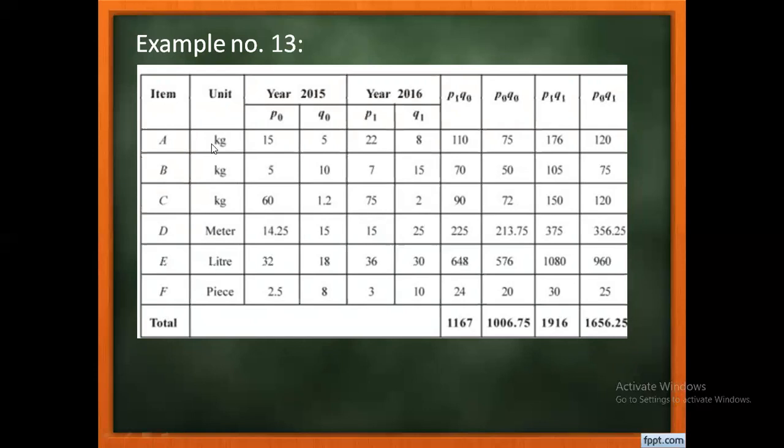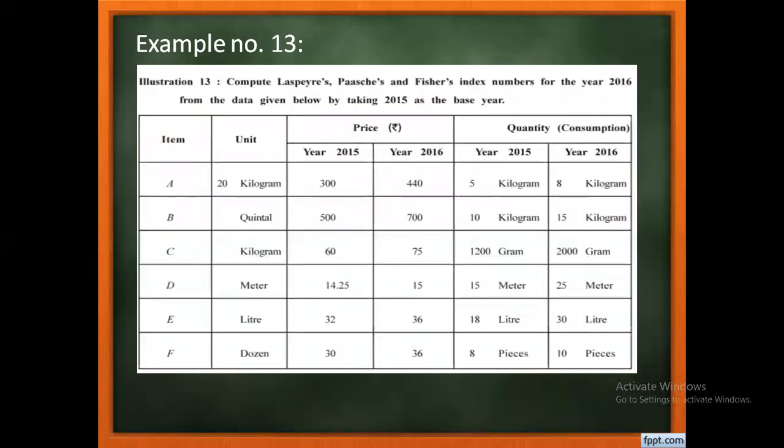So if we take 1 kg, the price of 2015 is also changed, right? So P0 is also changed and P1 is also changed. Let's see the question. This 300, if I interpret it, is for 20 kg.